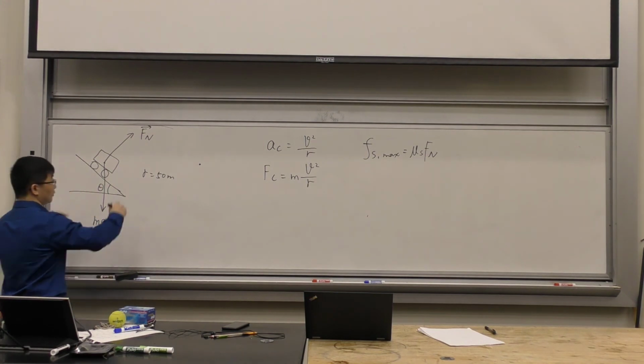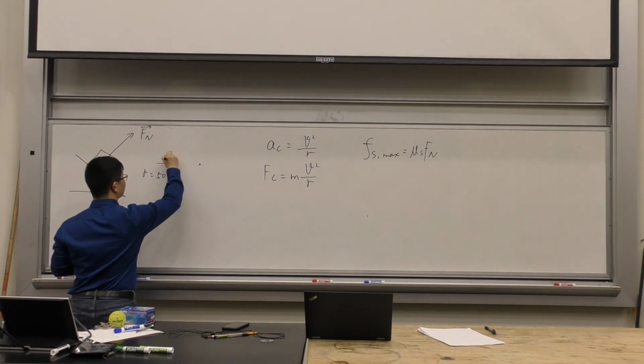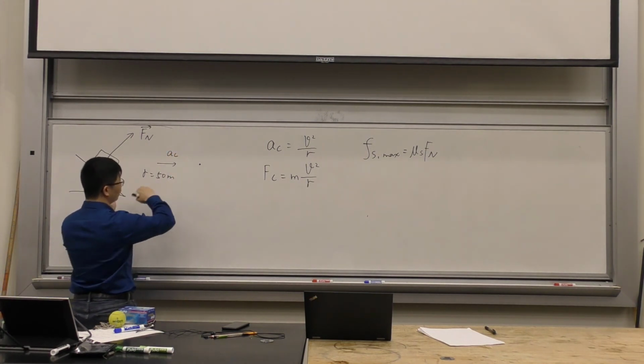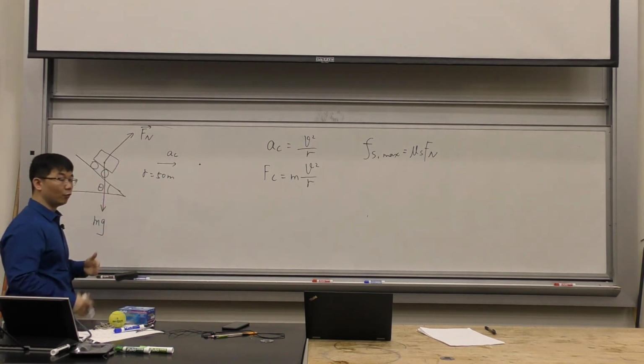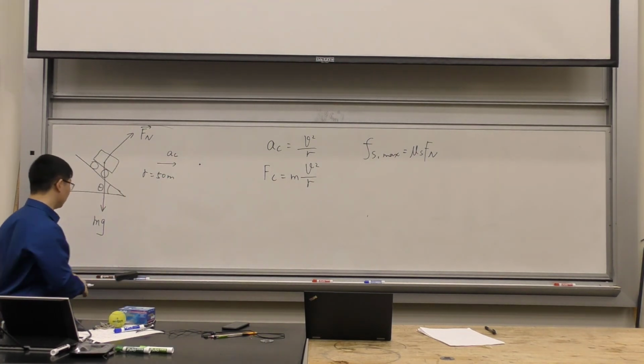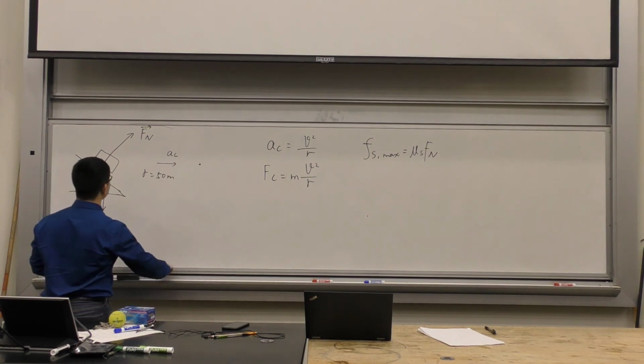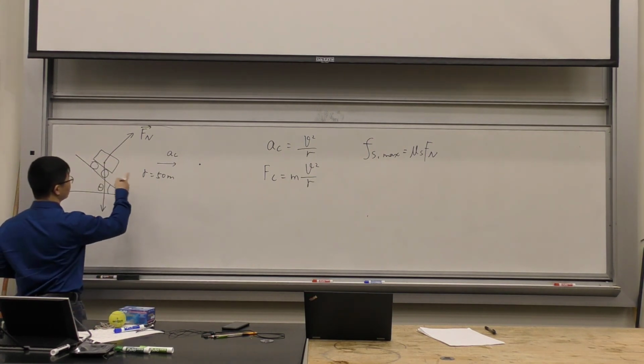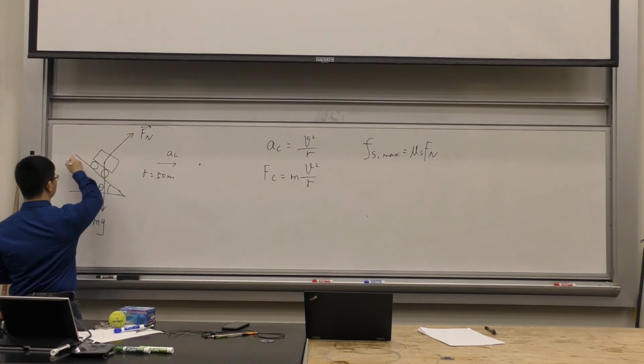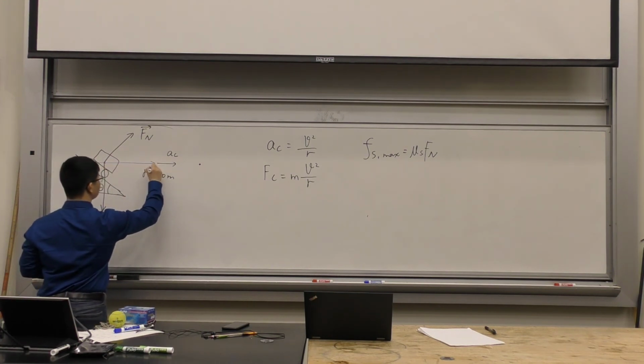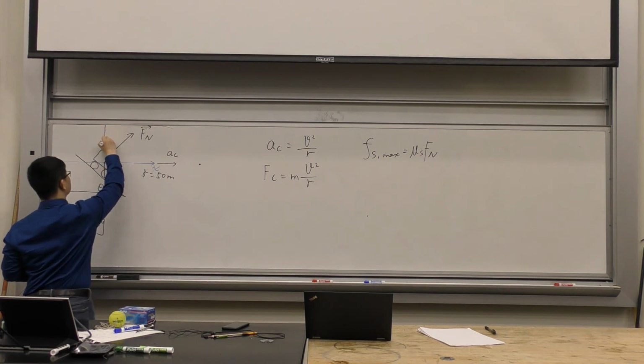That means the centrifugal acceleration is still in this direction, so it still needs a centrifugal force in that direction, right? Where is this centrifugal force? Now, if you break this normal force into x and y, I'm going to still use the normal x and y, okay? The horizontal is x, the vertical is y. So I'm going to still use this as my x-axis, this as my y-axis.